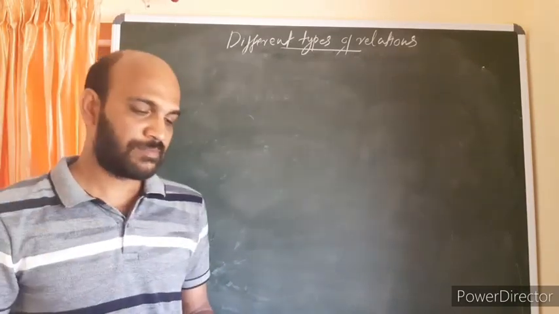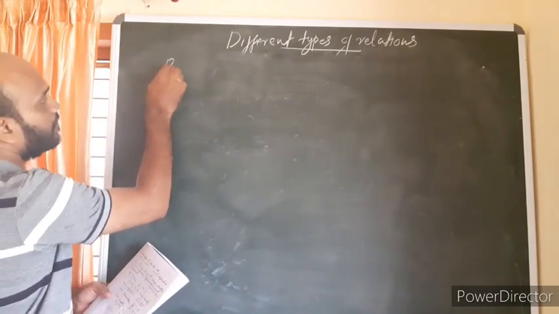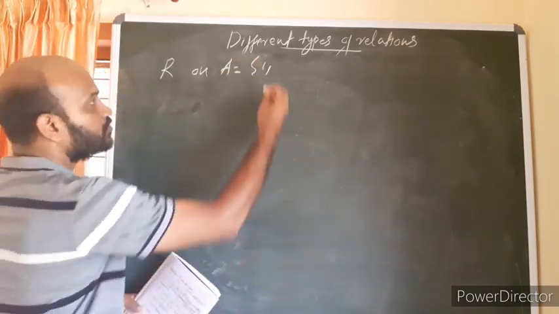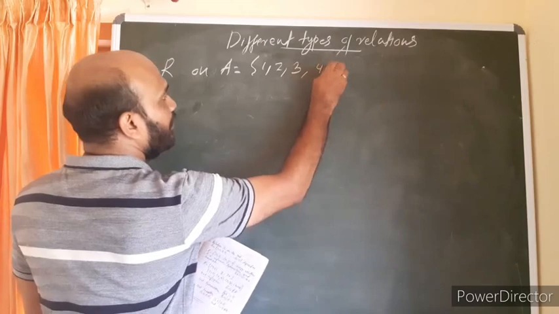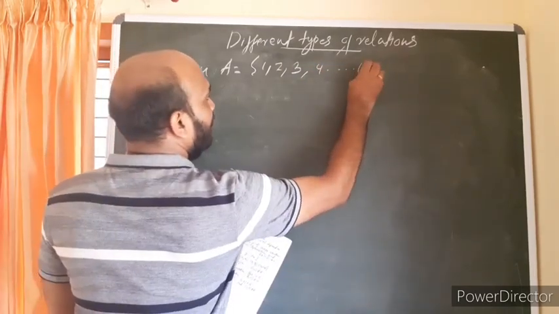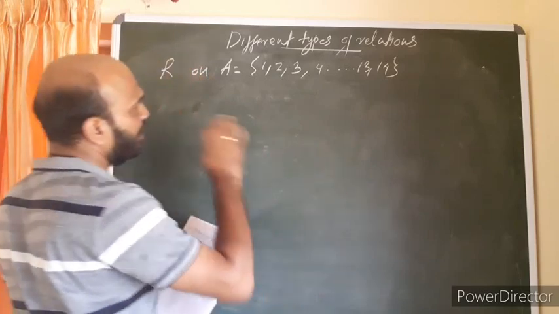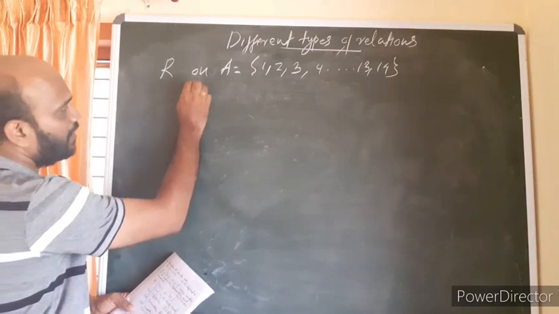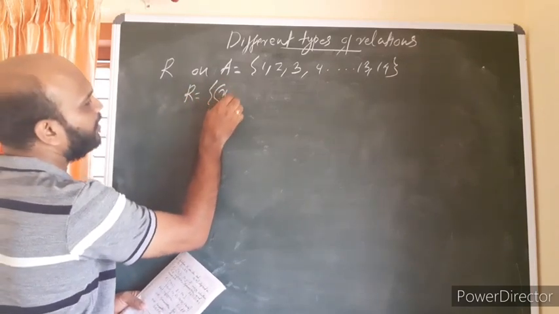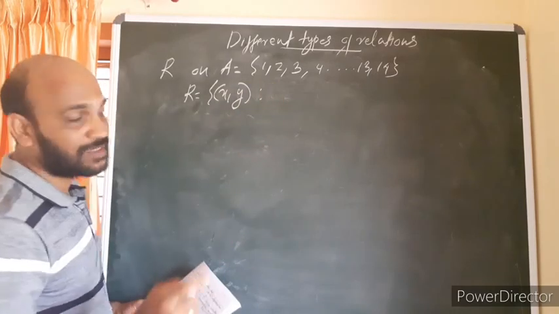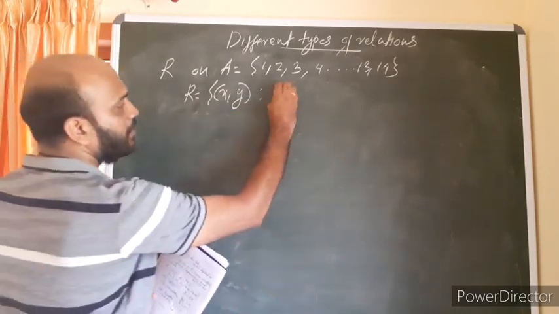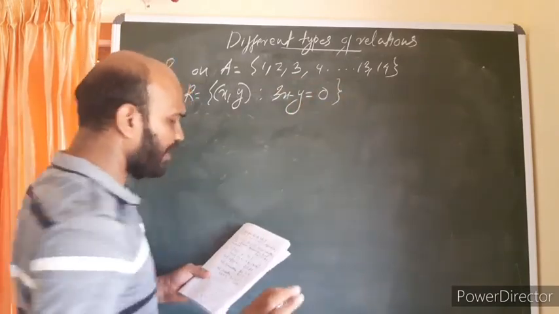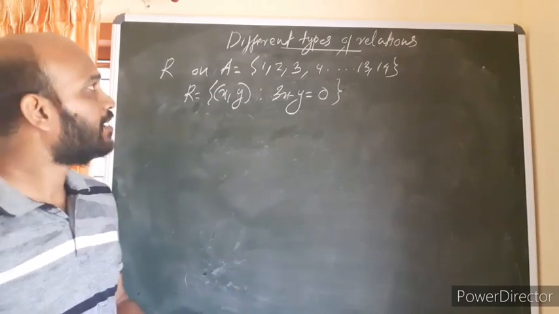Now consider the second question. R is a relation on a set A, where A equals {1, 2, 3, 4, ..., 13, 14}. A contains only a finite number of elements, and R is defined like this: R equals the set of all (x,y), meaning x is related to y if 3x minus y equals 0. The question is to verify whether R is reflexive, symmetric, and transitive.